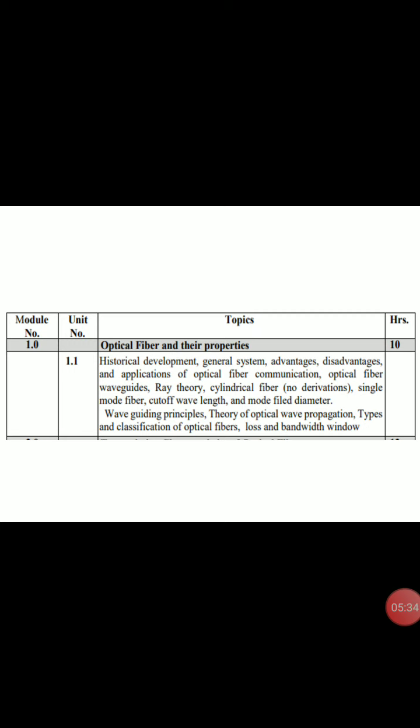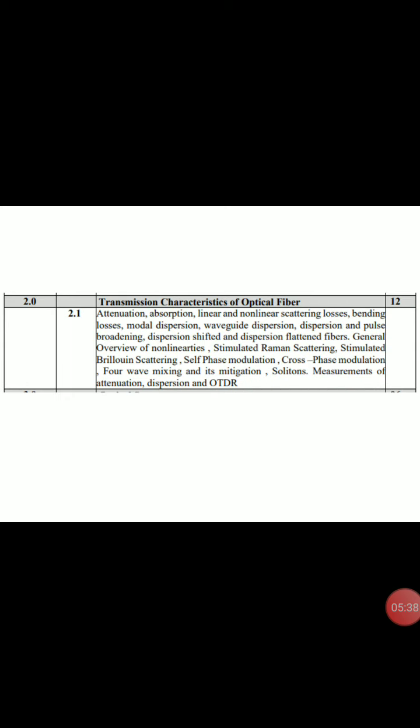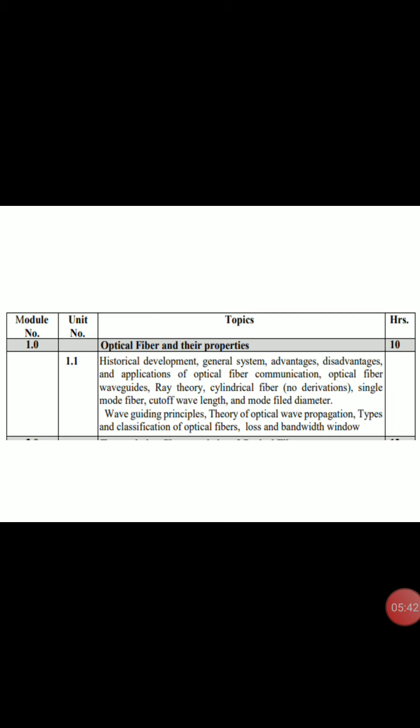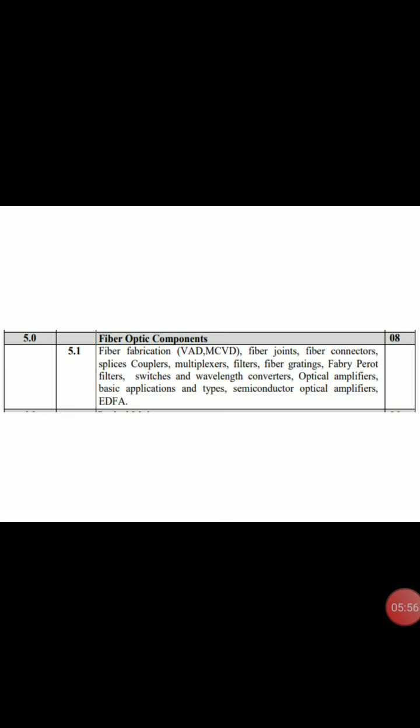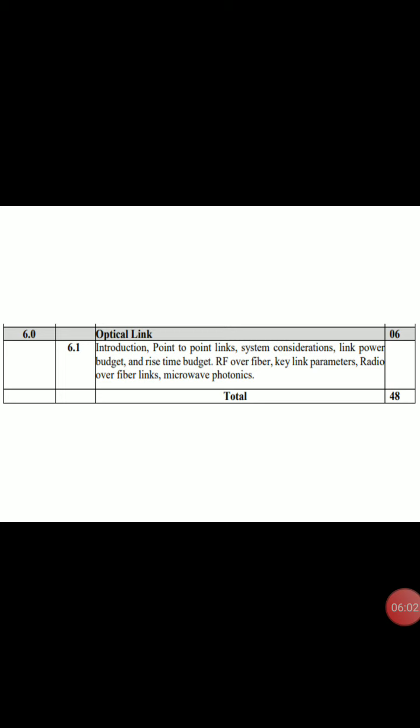Then for transmission characteristics of optical fiber, the second chapter, you can also cover from Keiser. Next, the third chapter, optical sources and optical detectors, you can complete from the Senior book. And the last part, optical fiber components, you can also cover from the Senior book. Very good information is given in the Senior book.